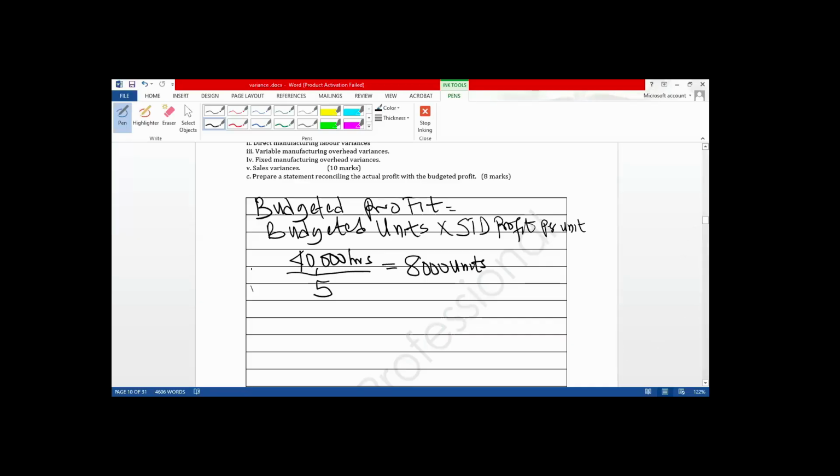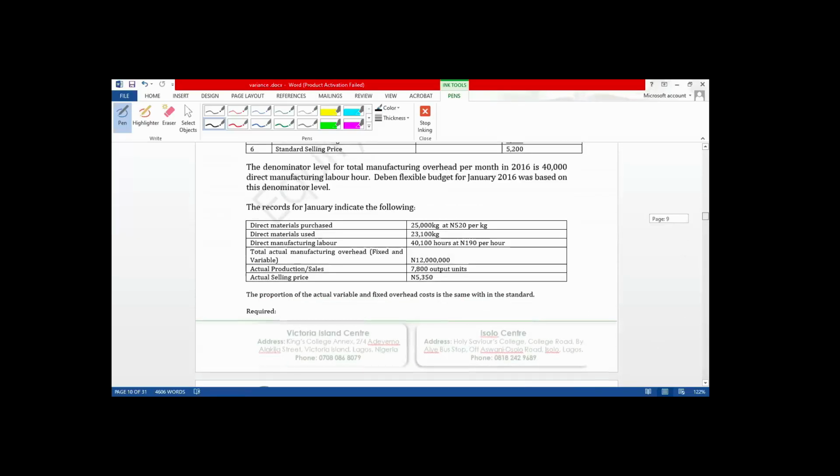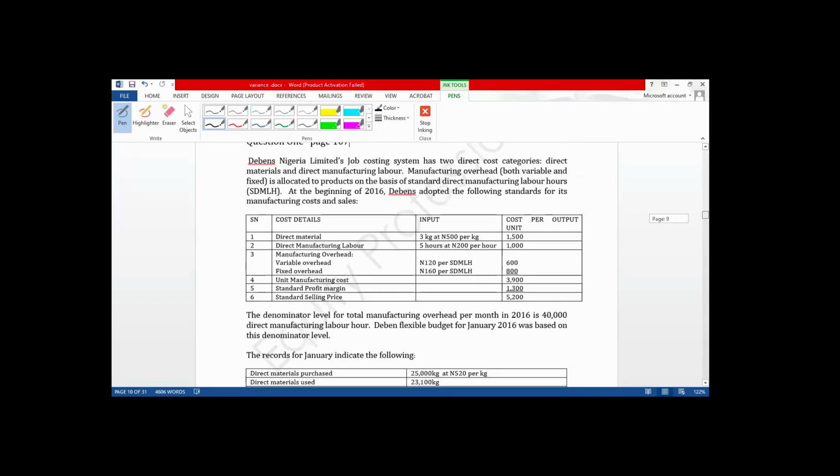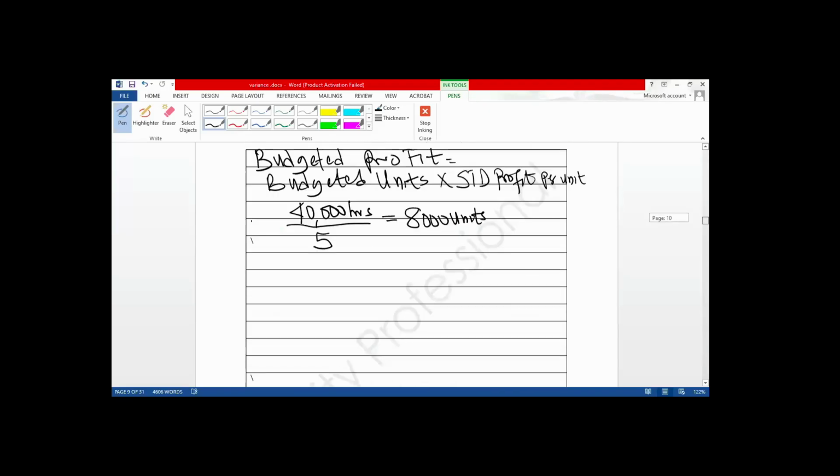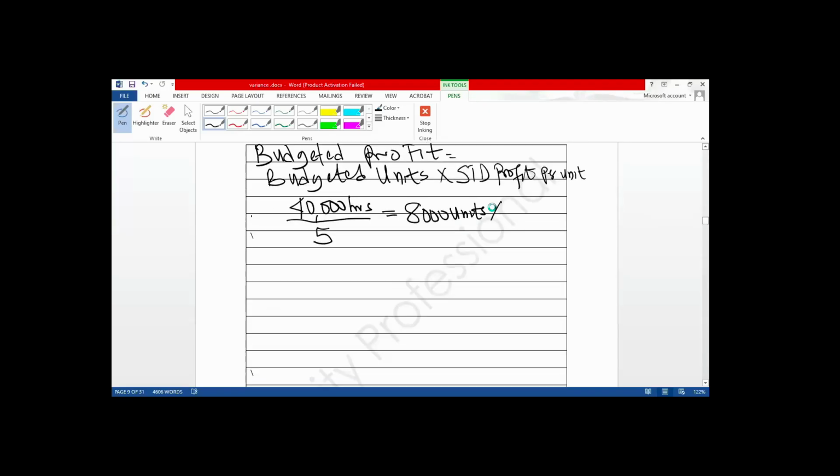You now return to the standard table. What is the standard profit? Look at this. Standard profit is 1,300 naira. Multiply 8,000 by 1,300.